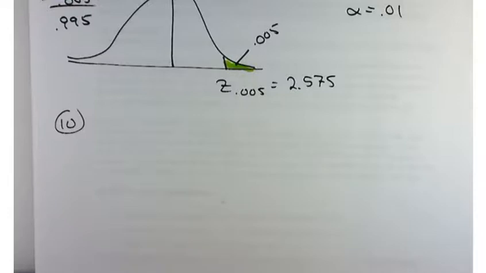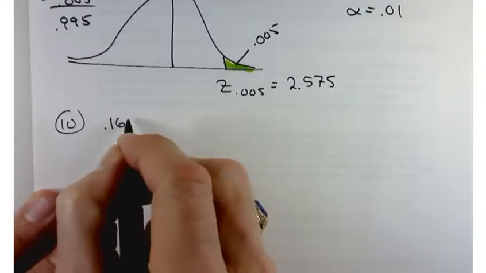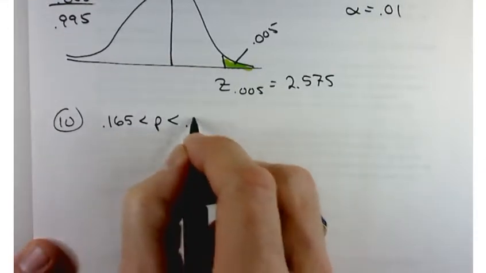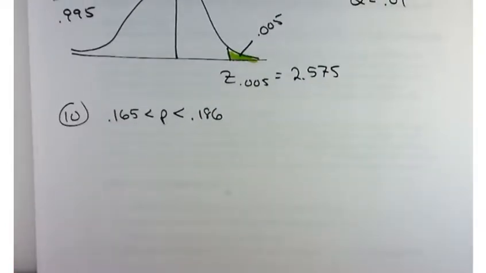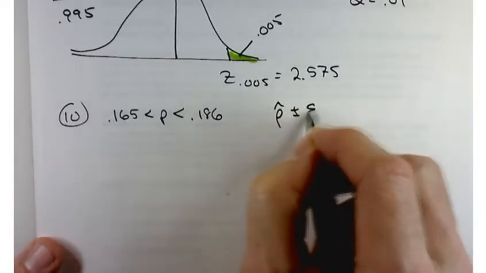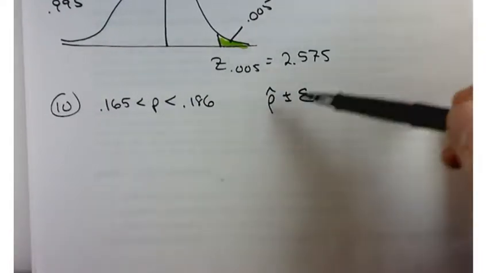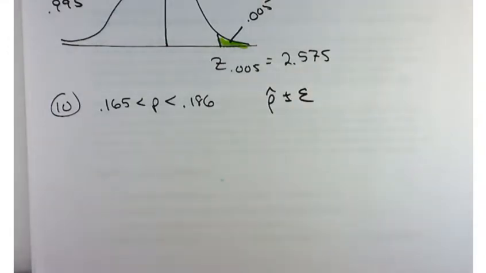Like in problem number 10, they give us a confidence interval. It says express a confidence interval. Now our confidence interval is 0.165 is less than p is less than 0.186, and they want us to express this in the form of p hat plus or minus E. So, okay, I need to figure out, first of all, what's in the middle, and then how far either direction I'm going to get these values.